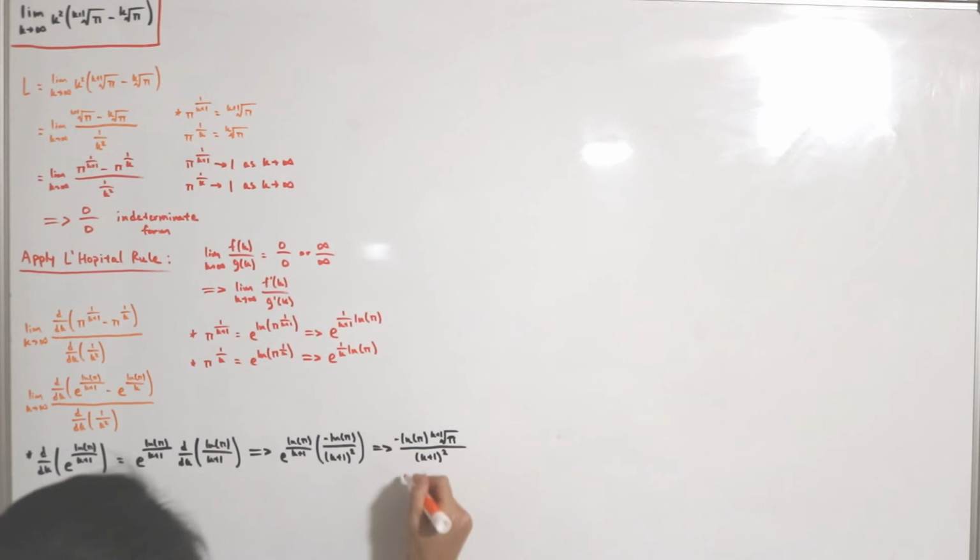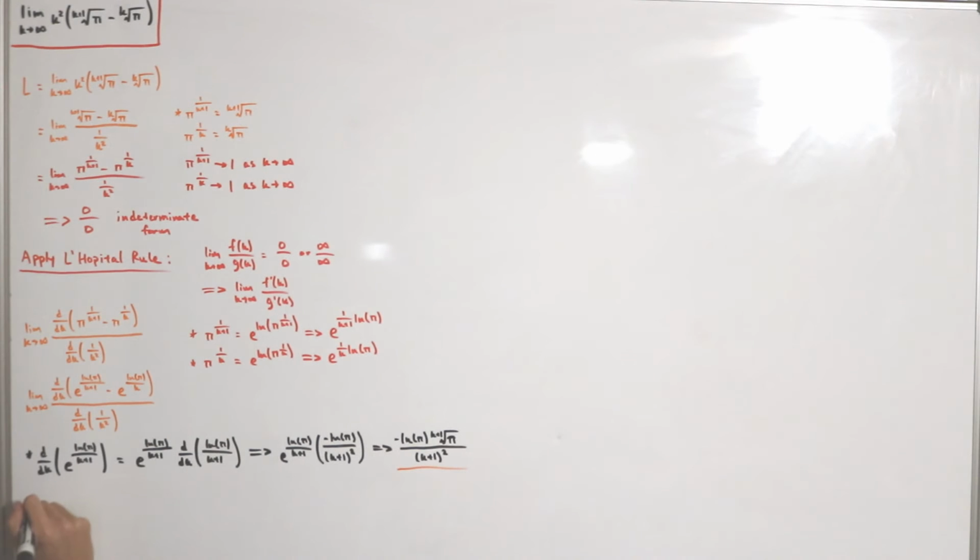So now we just have to calculate the other one. So next we need to calculate the derivative with respect to k of e to the ln of pi divided by k. Okay, so same thing, e to the ln of pi divided by k, and then multiplied by the derivative with respect to k of ln of pi divided by k.